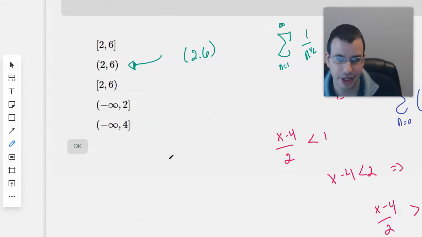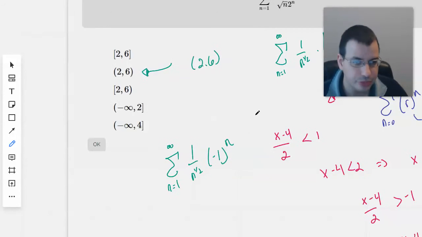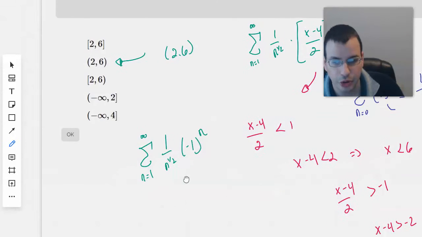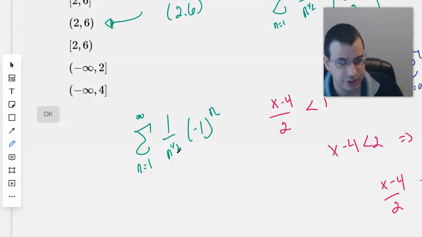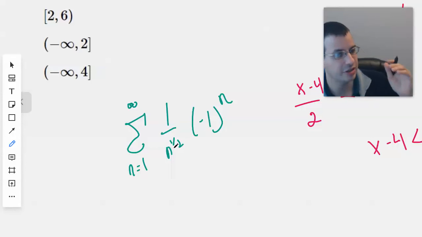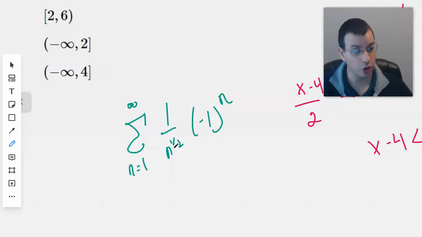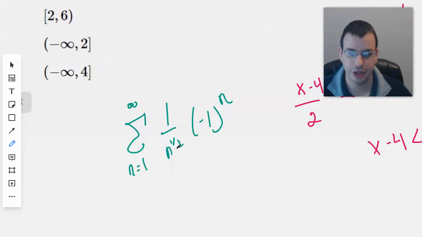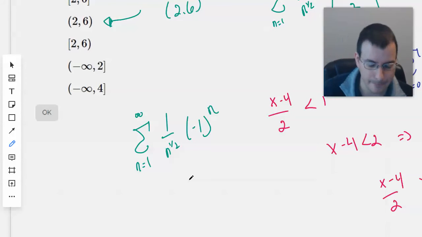What's going to happen is we will get the sum from n equals 1 to infinity of 1 over n to the 1/2 times negative 1 to the n, because 2 minus 4 divided by 2 gives us negative 1 to the n. What we now have is an alternating series. So even though 1 over square root of n doesn't converge on its own, when we make it an alternating series, it can converge.